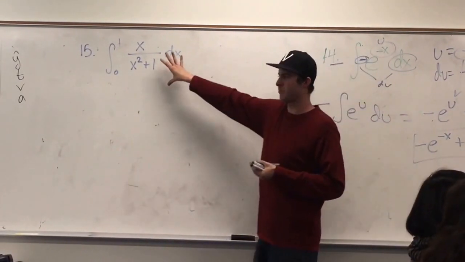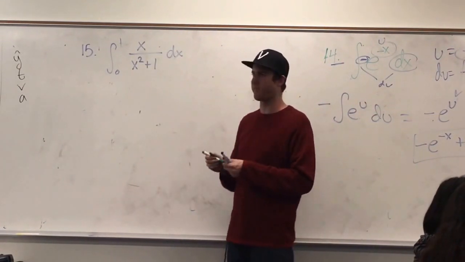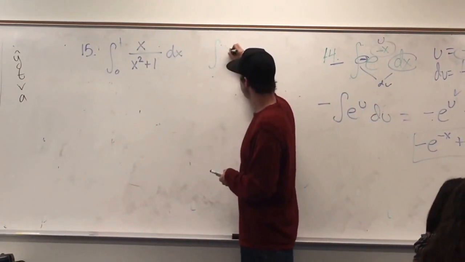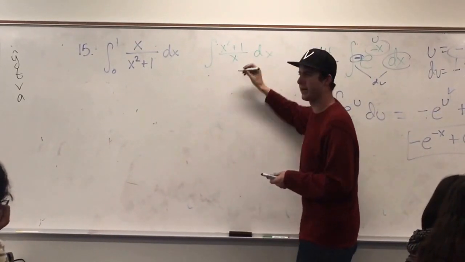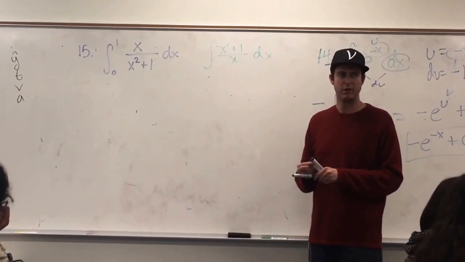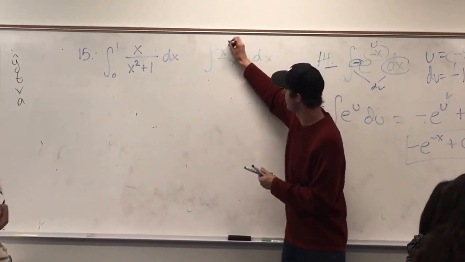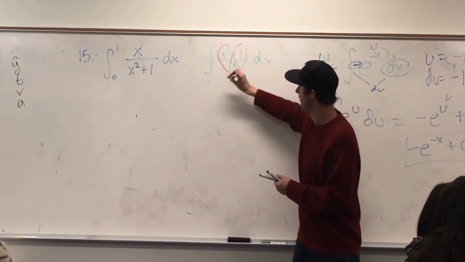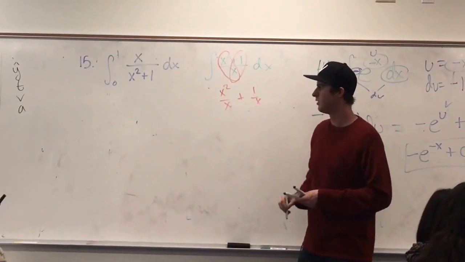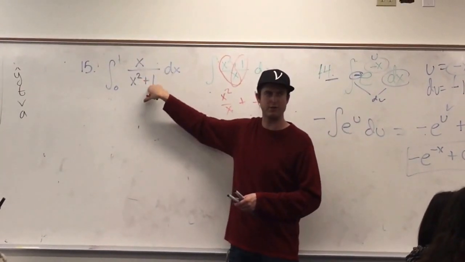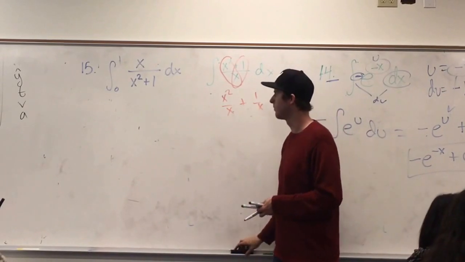I can't separate these. If it was flipped, if it was the integral of x squared plus 1 divided by x, you can actually separate this one. If you guys remember this one, you can kind of separate to x squared over x plus 1 over x. But this one I can't separate. When it's in the denominator, you can't separate.